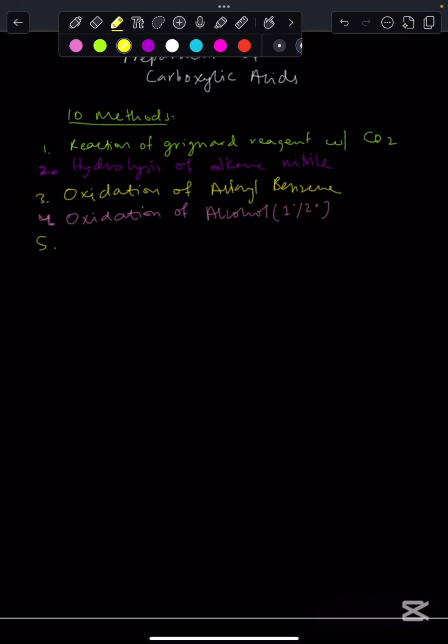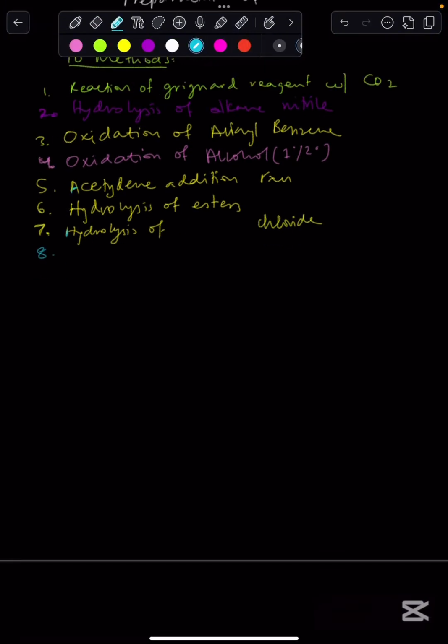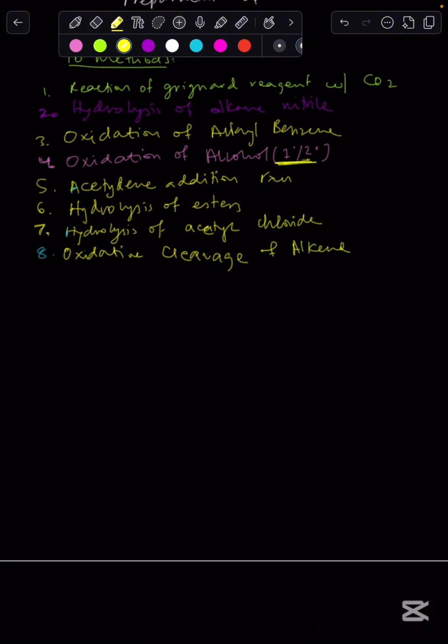Then we are going to be seeing the acetylene addition reaction, and then we're going to see the hydrolysis of esters, and then the hydrolysis of acetyl chloride. And then we have the oxidative cleavage of alkenes, and these are the reactions over here.